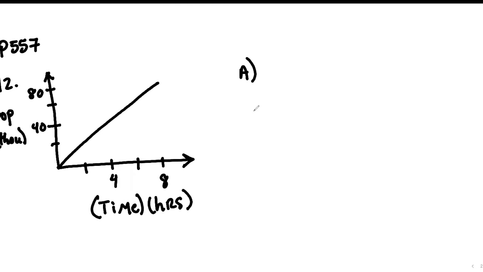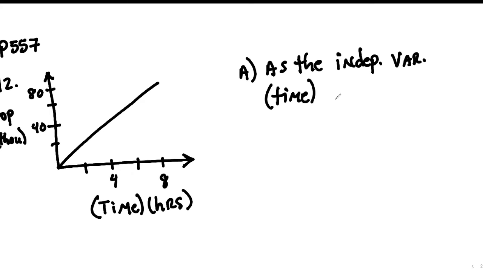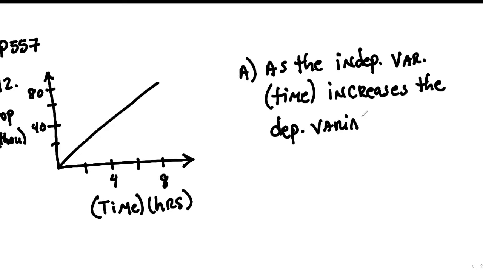So when we look at part A, we are going to say, as the independent variable, which in this case is time, increases, the dependent variable, which is the population, increases as well.